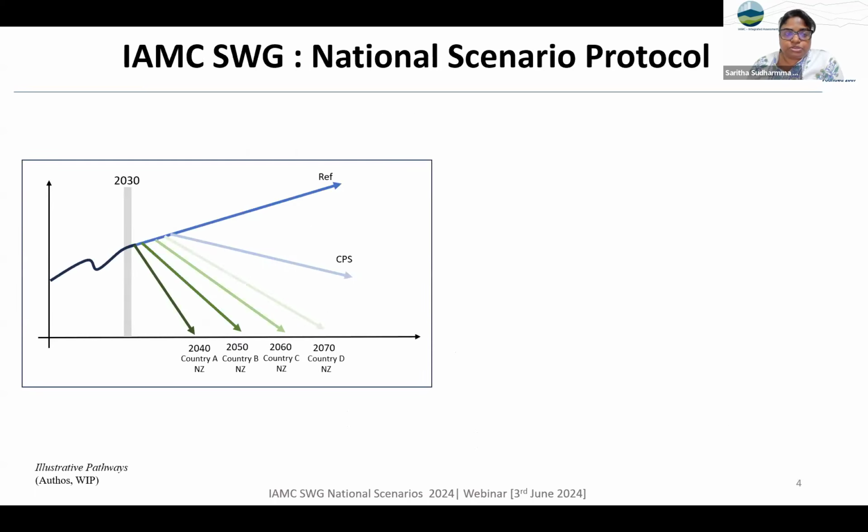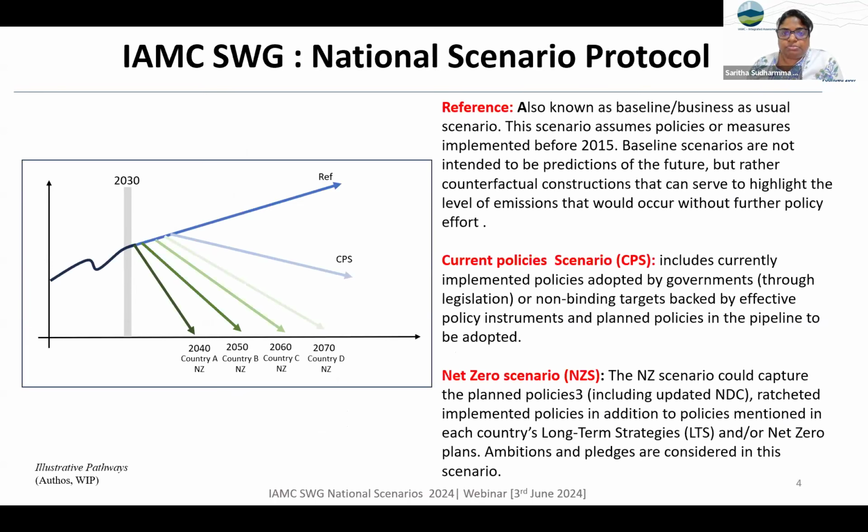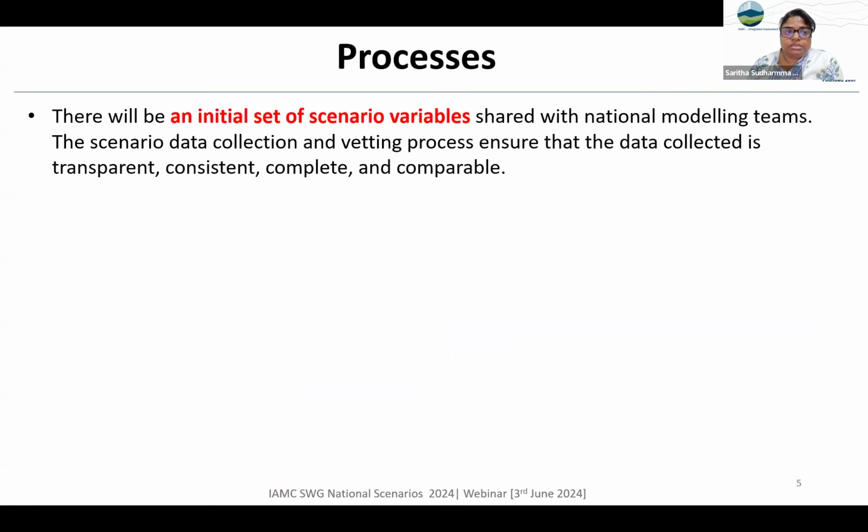As anyone who's part of the IAMC SWG study knows, there are three main scenarios, the BAU, current policy, and net zero, that we are requesting all the modeling teams to submit. The process is simple. We have shared a list of scenario variables to the modeling teams who are participating in the study.